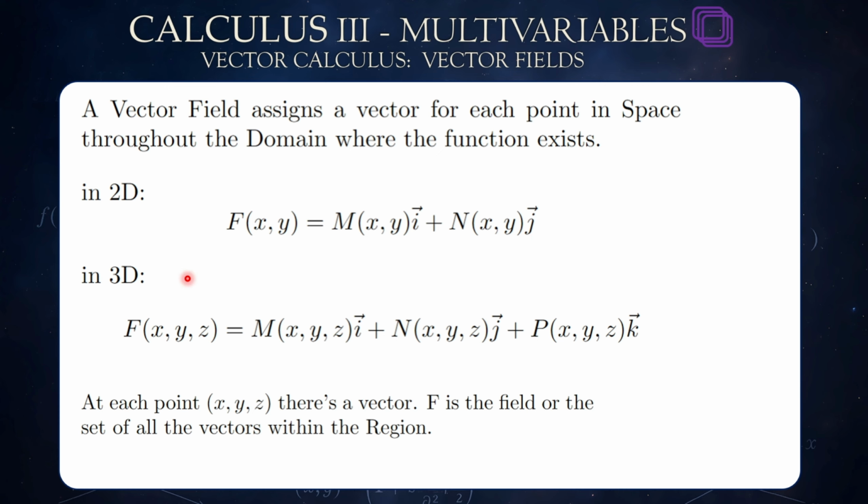In 3D, F(x,y,z) is equal to M(x,y,z) i plus N(x,y,z) j plus P(x,y,z) k. i, j, k are respectively for the x, y, z axes. At each point (x,y,z), there's a vector. F is the field, or the set of all the vectors within this region.